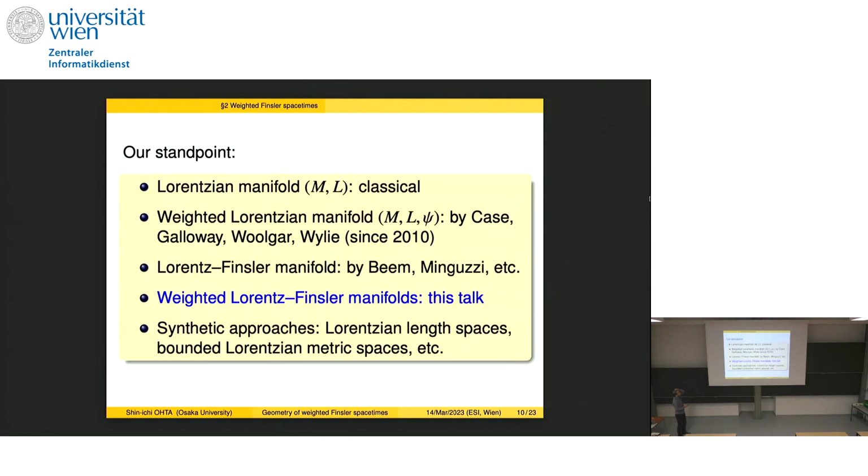Okay, so weighted Lorentz was studied more than 10 years ago, and also there are Lorentz-Finsler manifolds, and for the definition of them, and also Ettore wrote many nice papers in this setting. And also we consider a weighted version of Lorentz-Finsler manifolds. And also, as in the talks yesterday, there are already nice synthetic approaches.